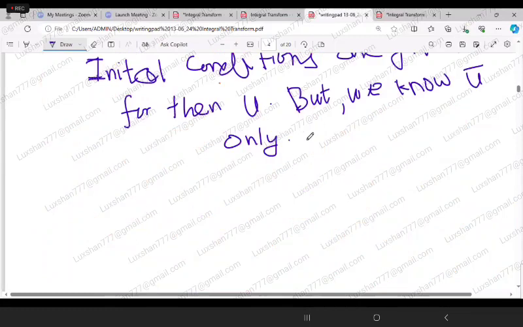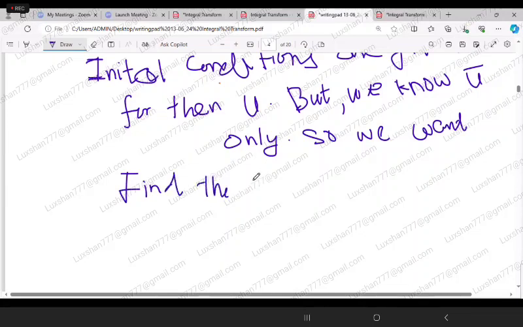That is why we want to convert, or we want to find, the initial condition for u bar.